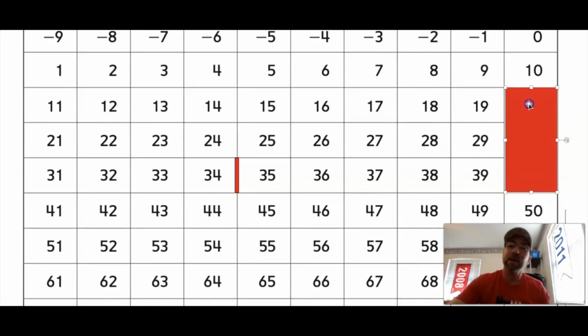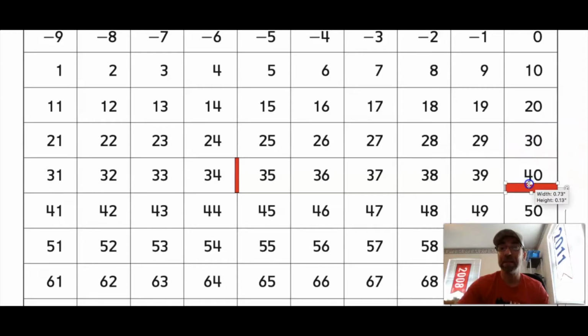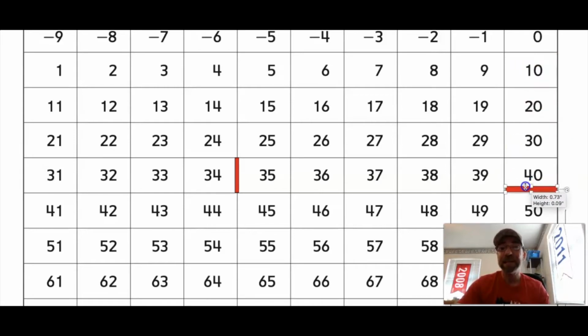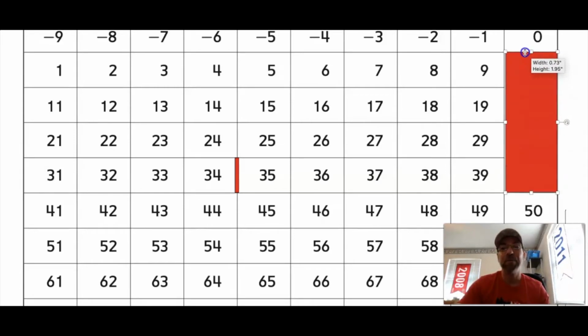Did you say 20? When we go down a number grid, we count by tens. 10, 20, 30, 40. So another pattern that exists is that when we go up and down, we are counting by tens.